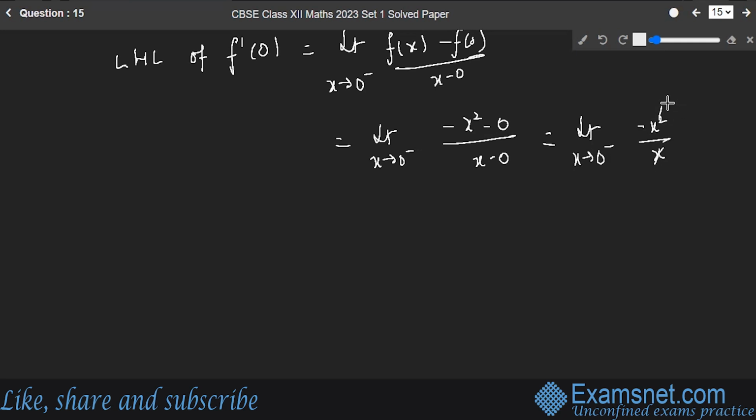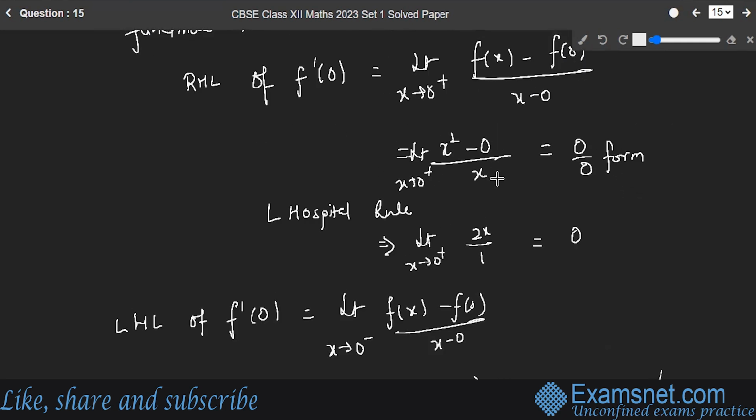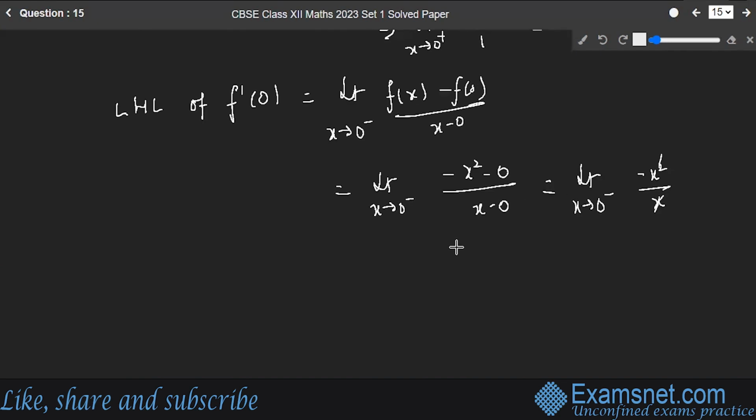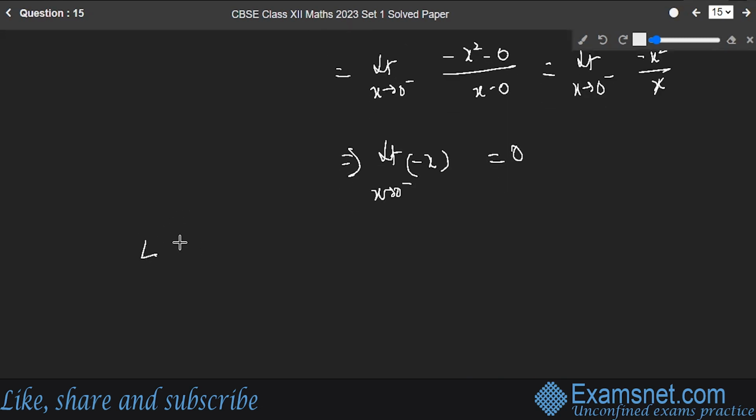I do not need to apply the L'Hospital's rule. You can simply cut down. Anyways, this is the limit as x approaches 0 minus of minus x, which is again 0. Therefore, the left hand limit of f dash 0 is equal to the right hand limit of f dash 0.